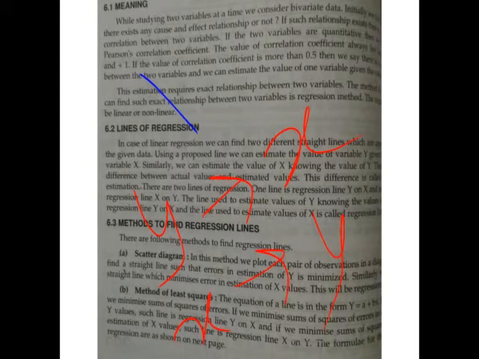So the two variables are x and y, and their lines are on each other. We have to estimate the values of y knowing the values of x. This is called the regression line y on x. And the second one: we have to calculate values of x using the value of y.